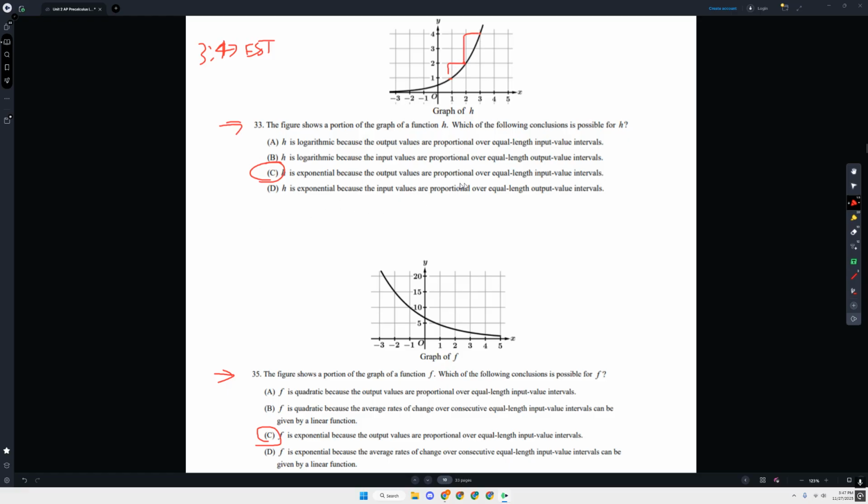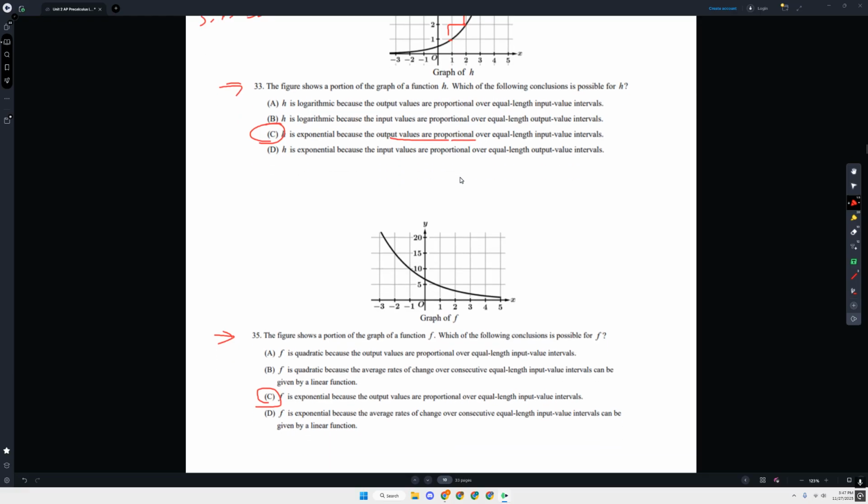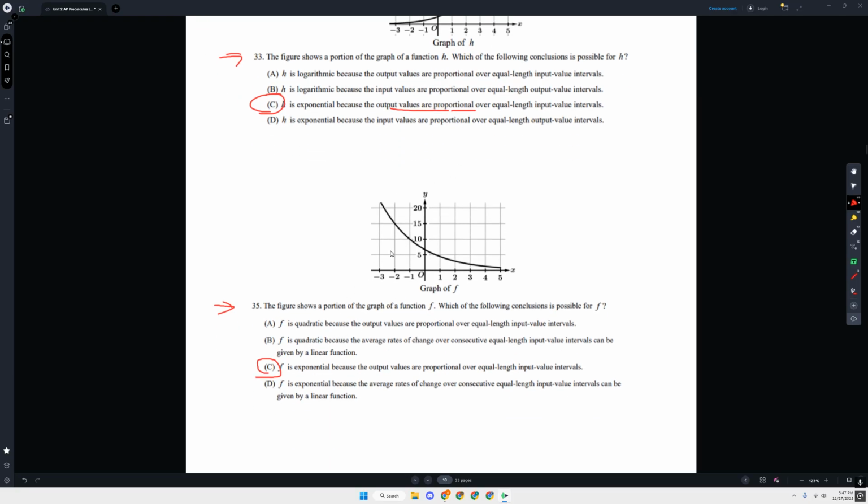And it's exponential because the output values are proportional. For the explanations, quadratic because the output values are proportional is false reasoning. And the other one, the average rate of change can be given by a linear function, is also false.